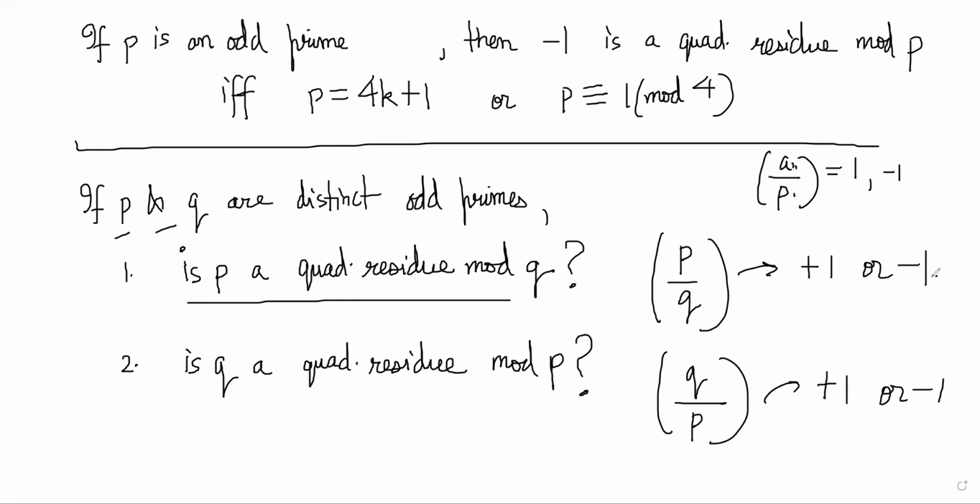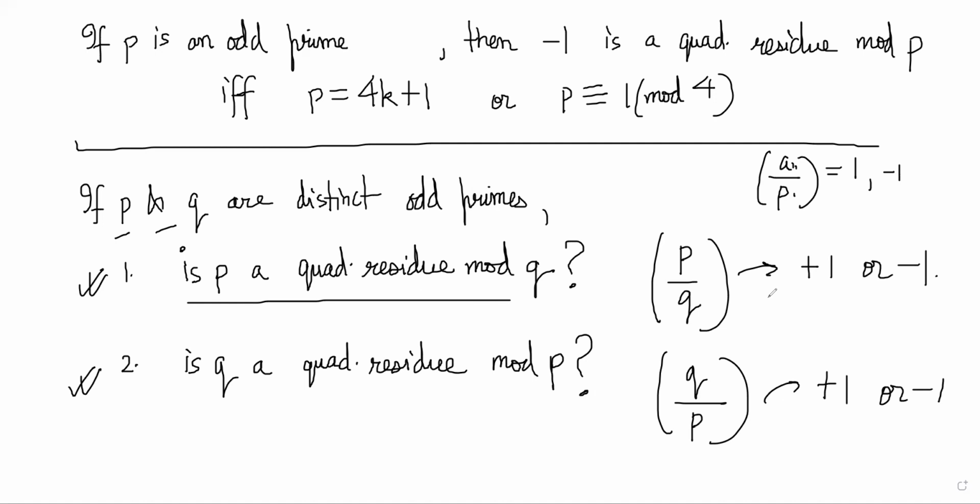There is no reason to suspect that the answer of the first question has anything to do with the second question. This could be +1 or -1. P and Q are two prime numbers which are odd, and they are relatively prime to each other, obviously. So P could be a residue or could be a non-residue mod Q. Similarly, Q could be a residue, could be a non-residue mod P. On the surface, we should expect that there is no connection between these two ideas, right?